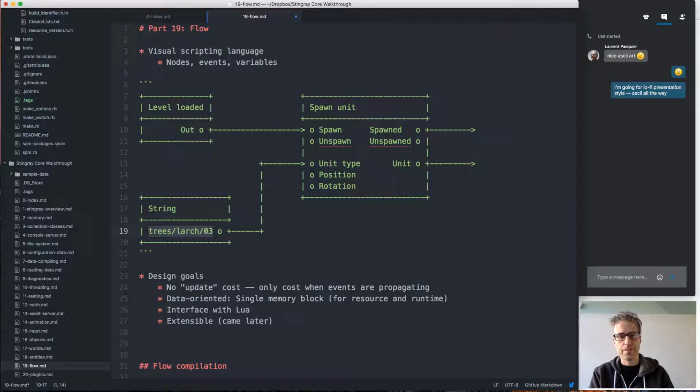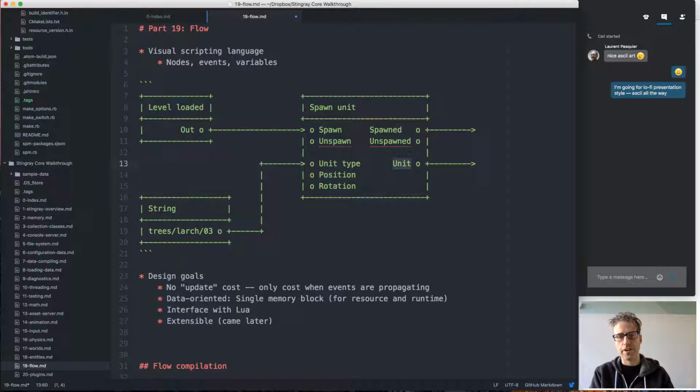So that's the unit that will be spawned. The position and rotation connectors aren't connected, which means we will spawn this in Origo with default rotation. In a real world example, these would be connected to something, but just for illustration here, they're unconnected.